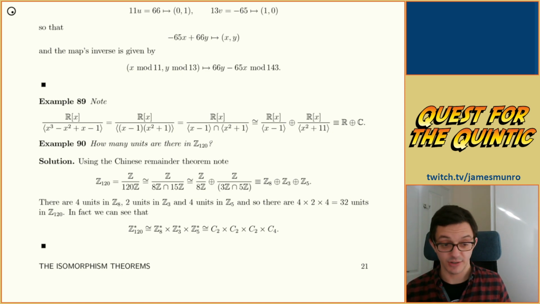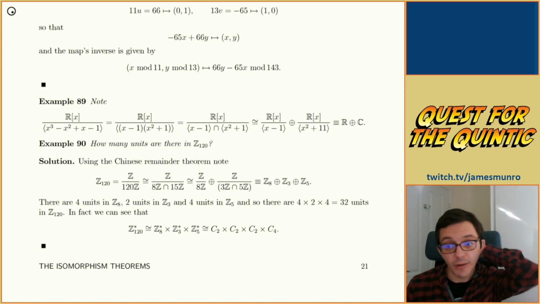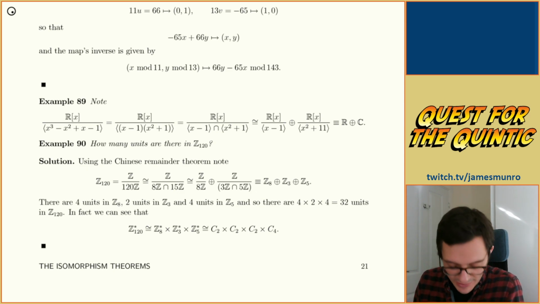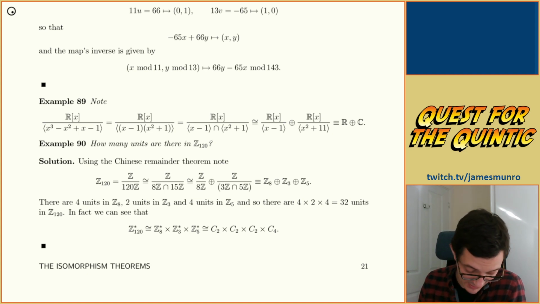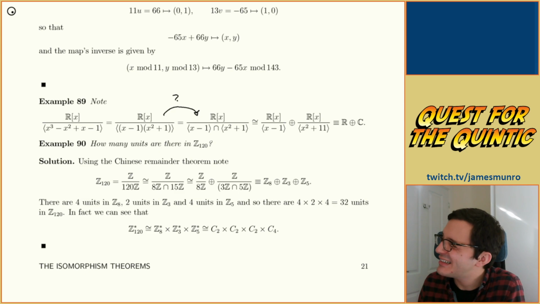So what have we got? This looks important to me because quotienting by polynomials is... Well, I care about polynomials more than I care about whole numbers this week. Quest for the Quintic. What are we doing? So factorise a polynomial, fine, and then there's this step to say that it's generated by the product.